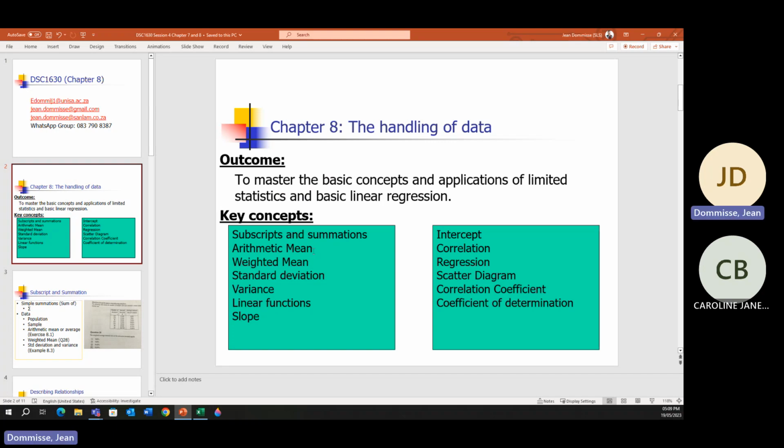You can also use a scatter diagram to draw a linear function within it to see how the correlation is with the data. And then there's two other things that from a linear function one can also work out: the correlation coefficient and the coefficient of determination. So it's basically just r and r squared that we're talking about, the last two. But we'll touch on each one of those in the next hour or so.